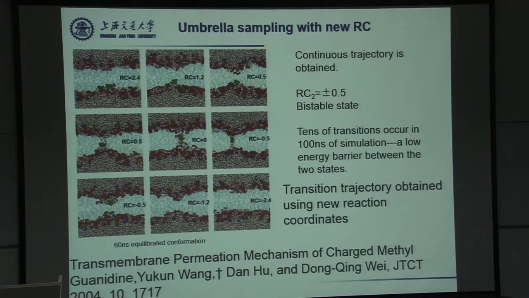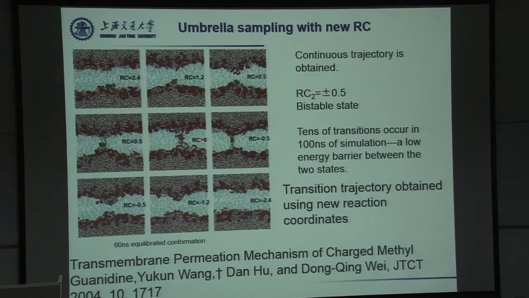So indeed, with the new reaction coordinate, we see, starting from a zero conformation from the equilibrium state, the ion starts to cross the membrane and reaches, look at this, the middle point.